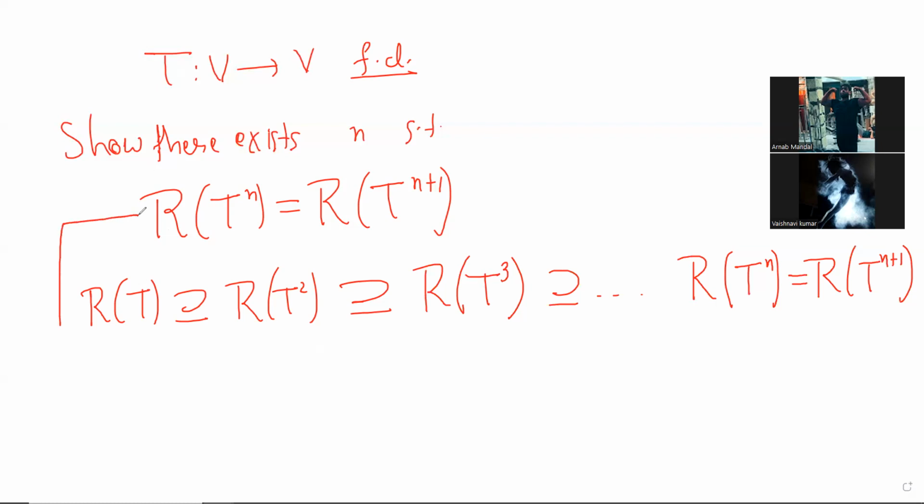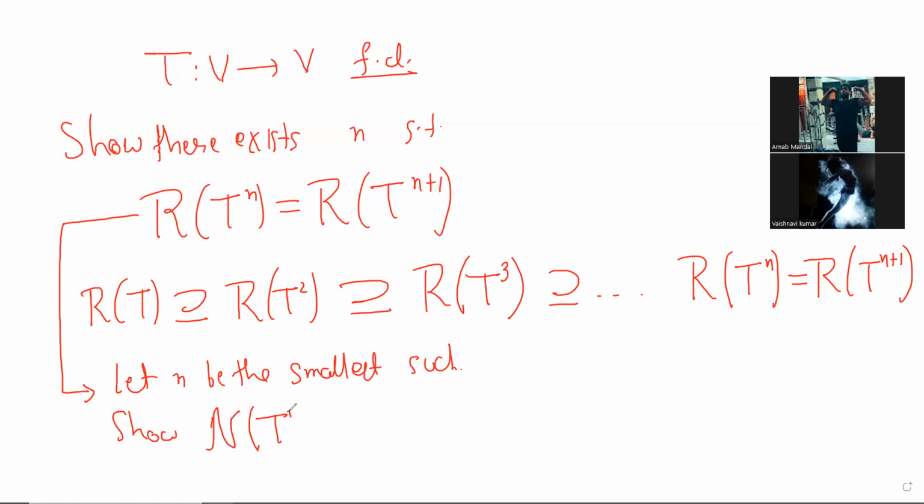But then what's the point of this? Let n be the smallest such. Then you show that for this n, the null space also stops.